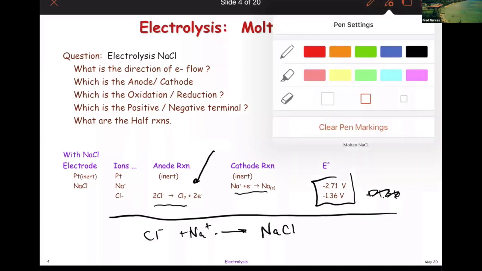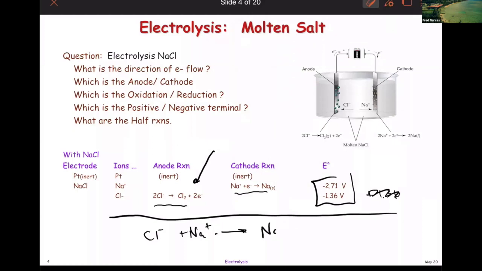That's the net reaction. And then we have to balance it that way. And in order to do this correctly, you notice that we probably need 2 sodiums here and 2 sodiums there, just so that the charge on the left is net zero.